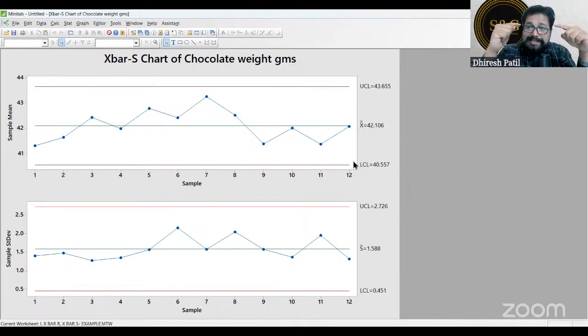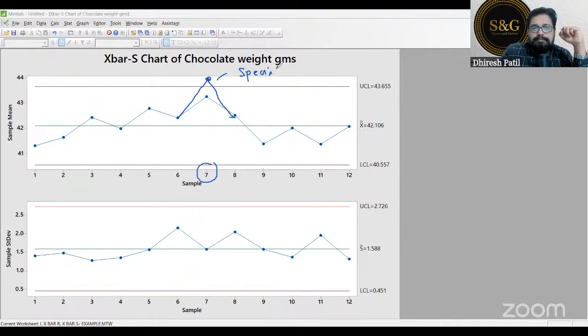Now, if the data is going beyond control limits, imagine, let's say the 7-number sample, instead of here, it would be something like this. So this is a special cause variation. So what would be our next course of action after this?